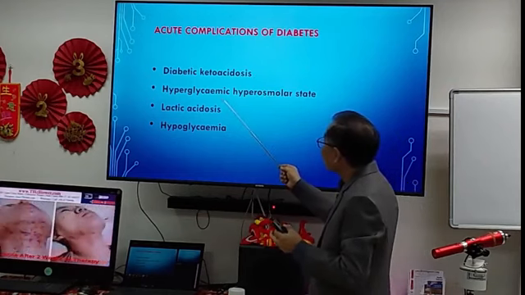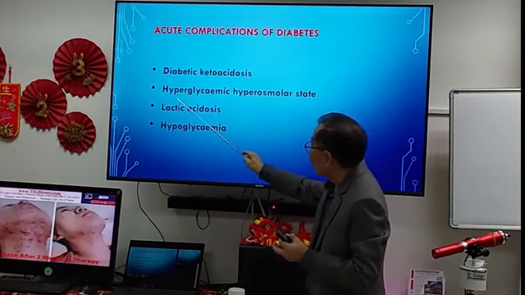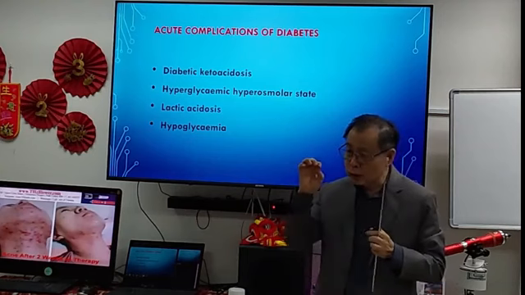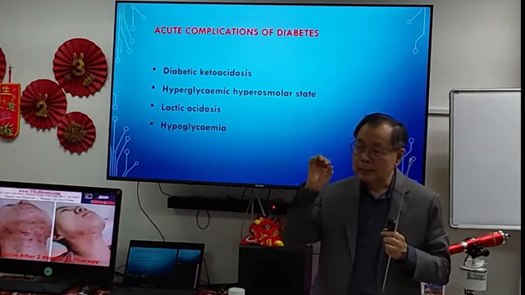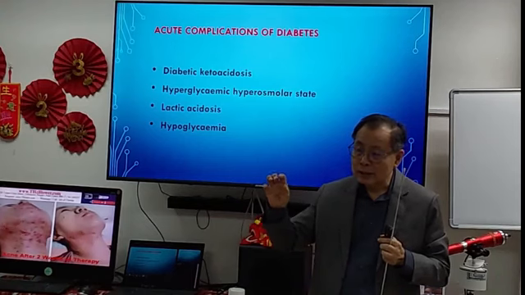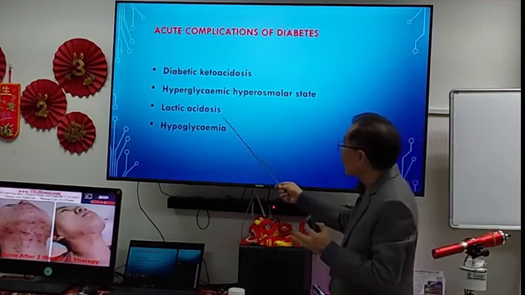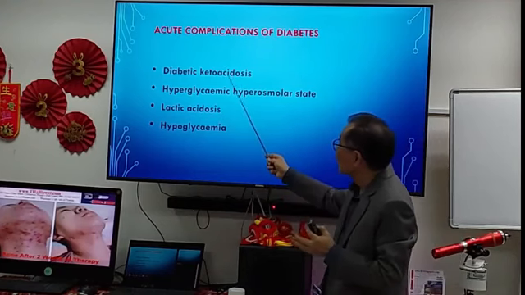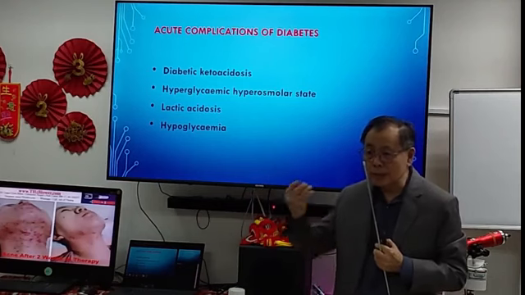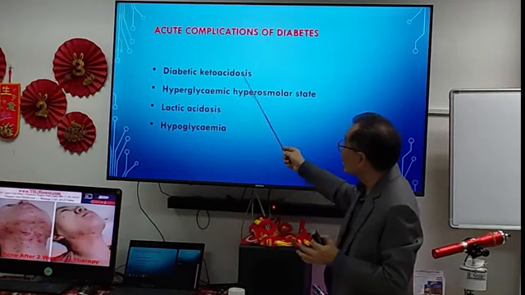Then you have the hyperglycemic hyperosmotic state, or people call it HHS, where there are too many sugar molecules, the blood becomes hyper-concentrated, and you begin to have symptoms. Or you end up with lactic acidosis. If there's incomplete combustion of glucose, if it's incompletely burnt, it forms lactic acid. It's also acidic.